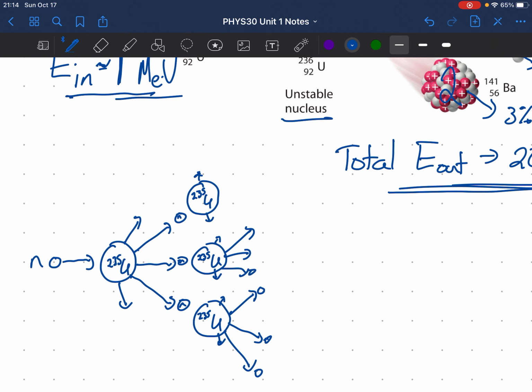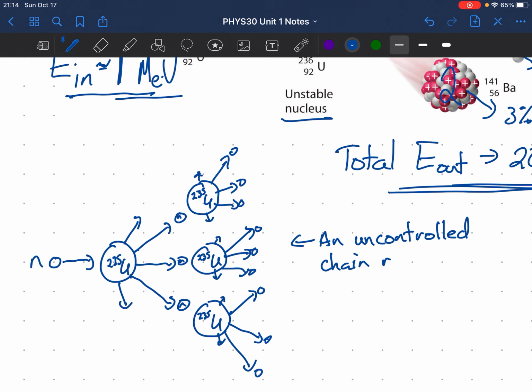This guy in the middle is going to release 3 more neutrons. This guy on top is going to release 3 more neutrons. This is going to get out of control really quick. This is an uncontrolled chain reaction.